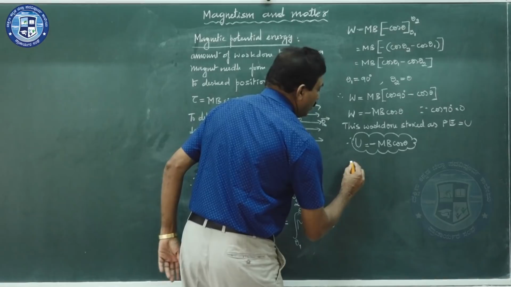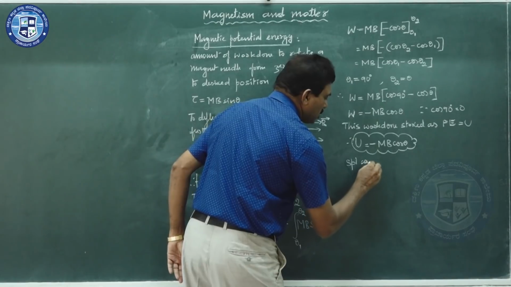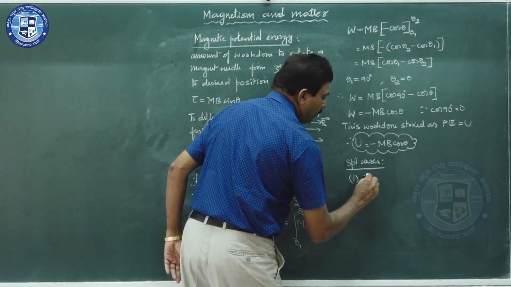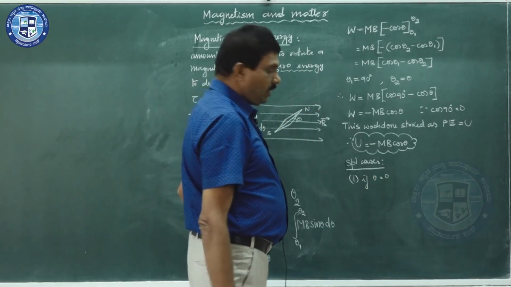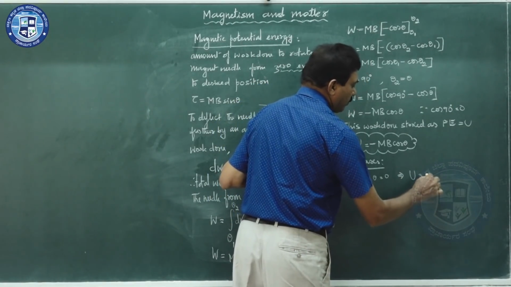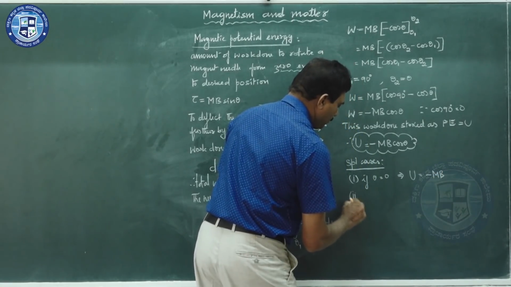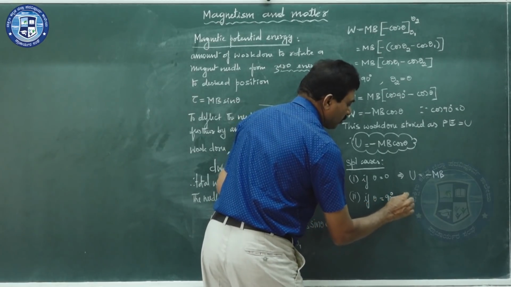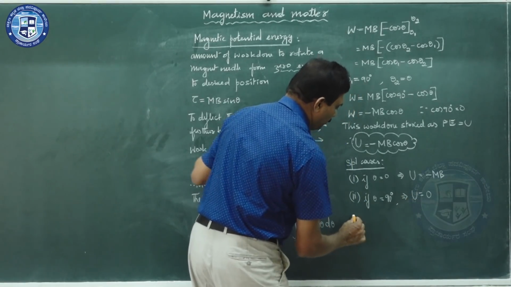Now, we will take special cases. First case, if theta is equal to 0, the potential energy will be equal to minus mB. Second case, if theta is equal to 90 degree, then the potential energy U will be equal to 0.